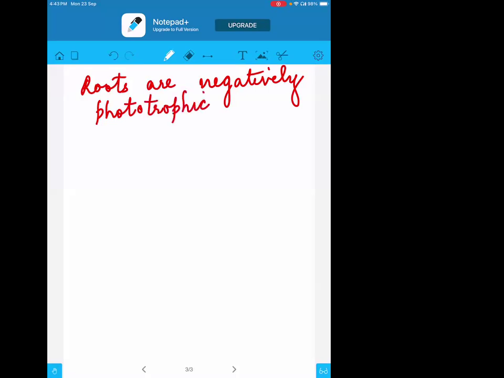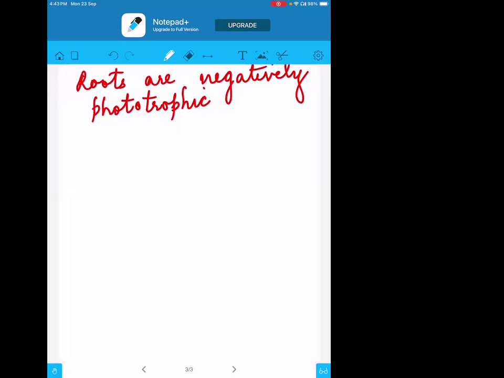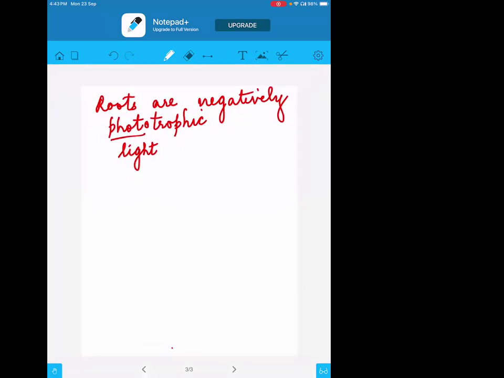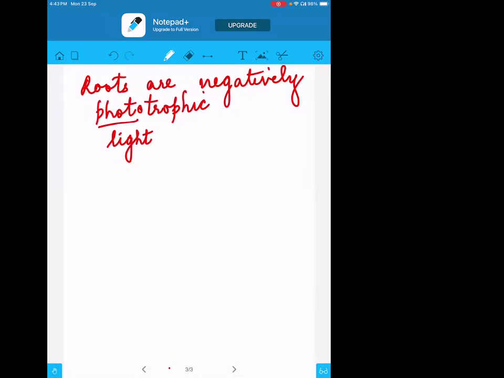Photo means light, okay? So it means the roots move away from the light. That is why we say that roots are negatively phototropic. Whereas if I talk about shoot, does shoot move towards the light or away from the light? Towards the light.